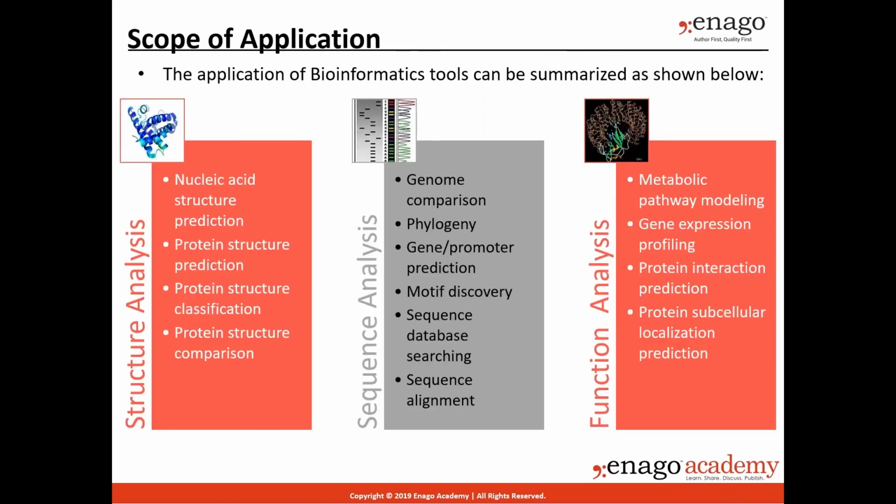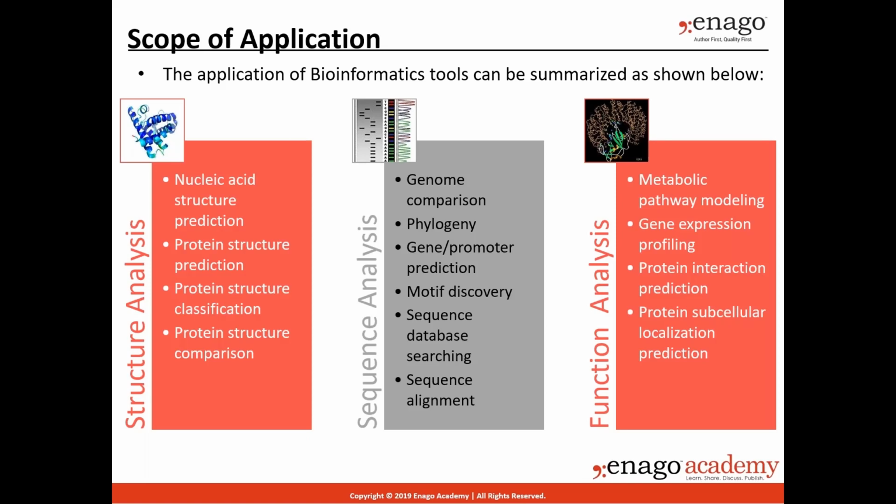The scope of application for bioinformatics: this gives you kind of a basic idea. It expands from this, however. Using bioinformatic analysis, we can predict nucleic acid structure, predict protein structure, identify protein structure classifications, and compare different protein structures.